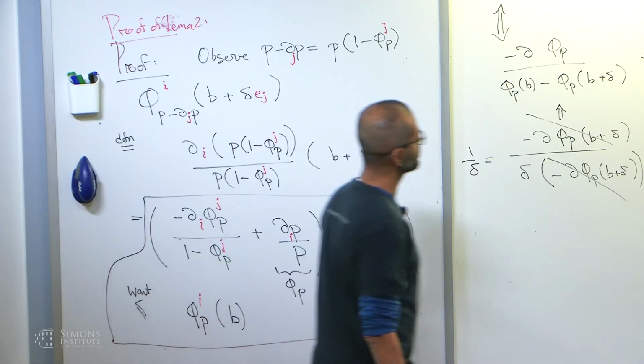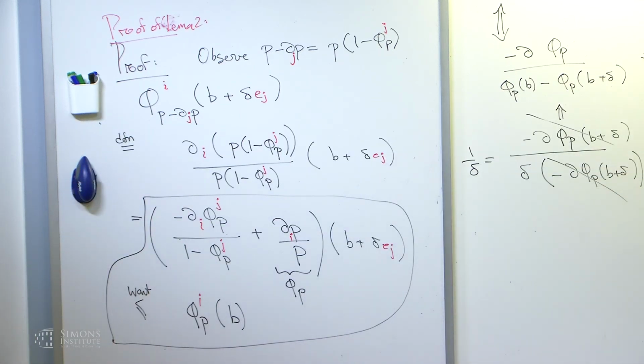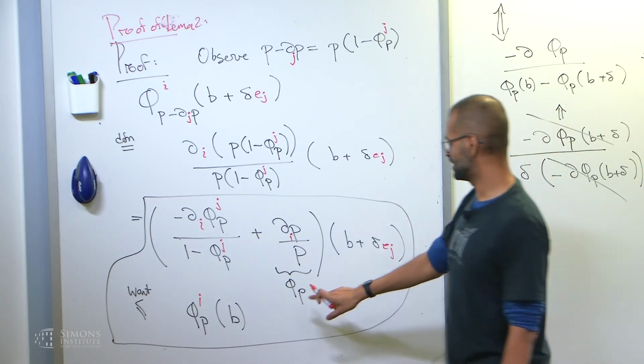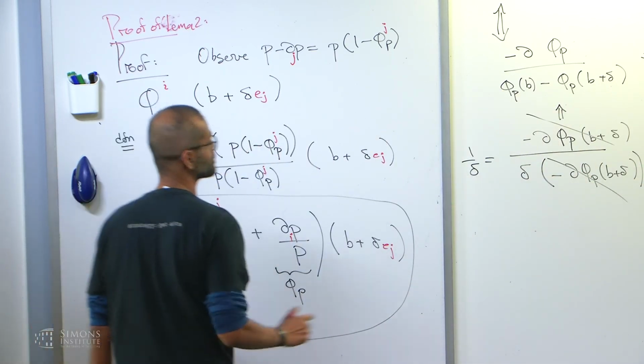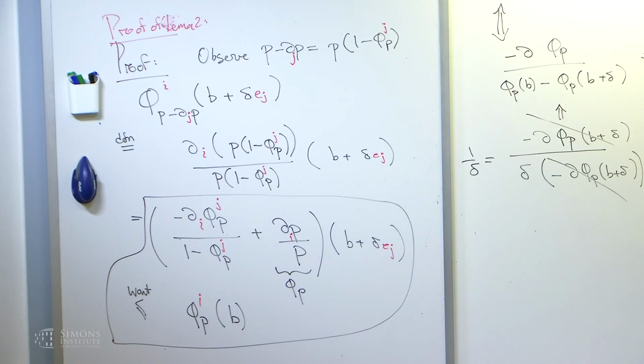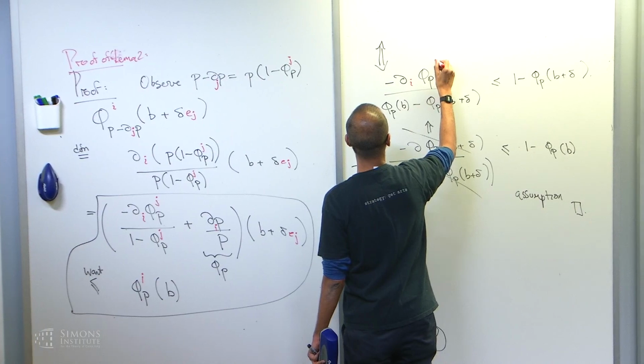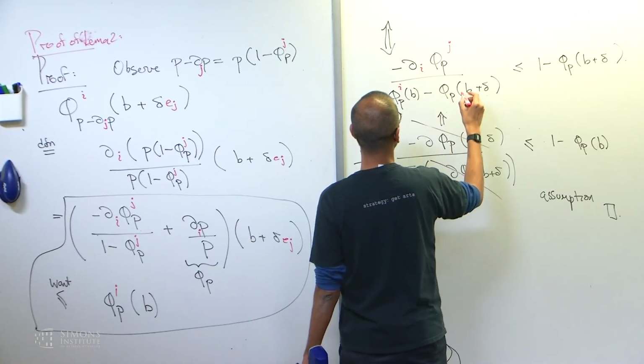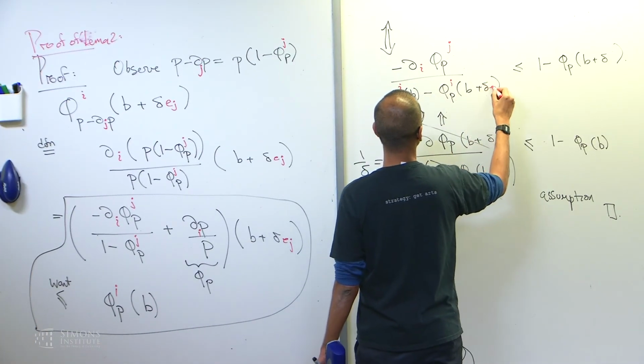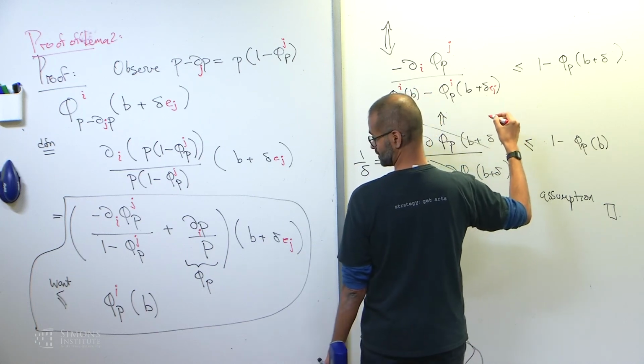So again, by lemma 1, I have monotonicity of the ith barrier function in the j direction. Right? So I have that. This is still true, so I can still do this rearrangement, and I will get the same thing.